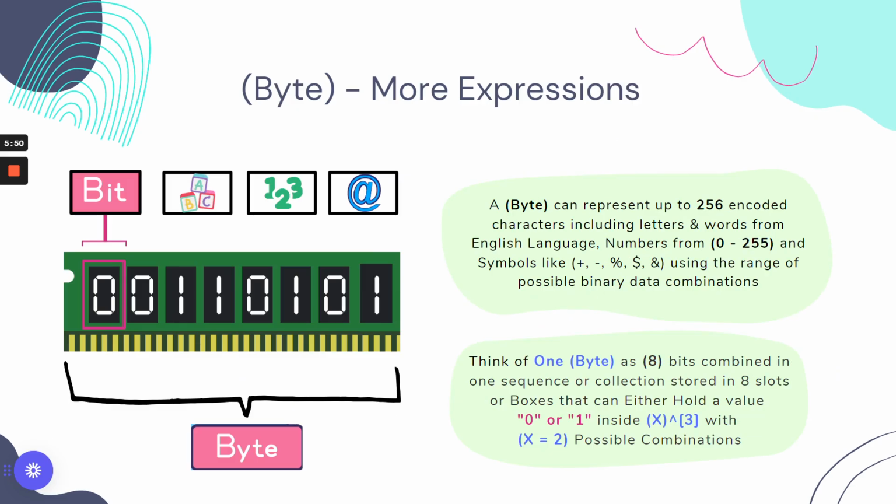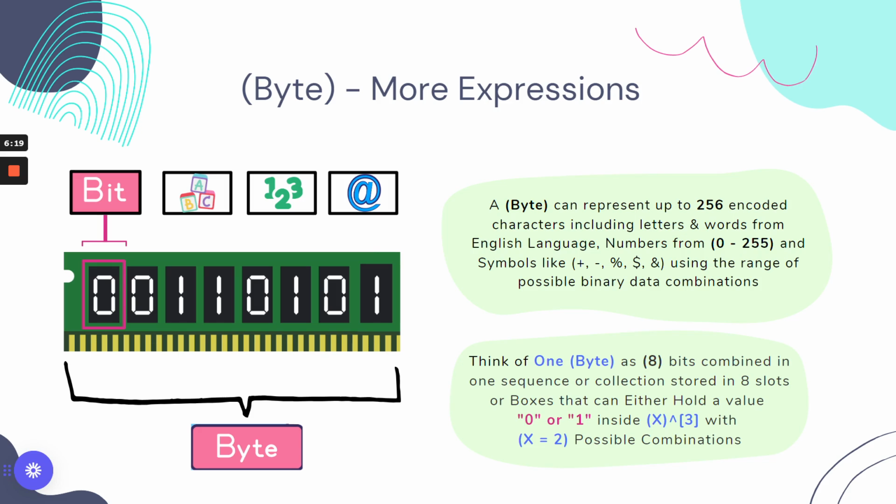A byte has more expressions. A byte can represent up to 256 encoded characters, including letters and words from the English language, numbers from 0 to 255, with 0 included as the first number, and symbols like the $ and ampersand, using the range of possible binary data combinations.